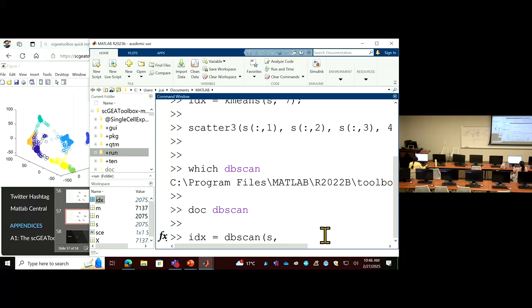The circle is defined as such, so you can call a cell a core, border, or outlier. So you need to play with the two numbers here to get the results and see which numbers give you better results.